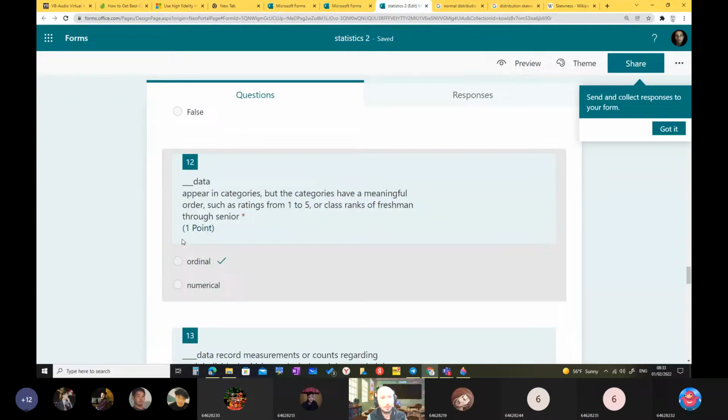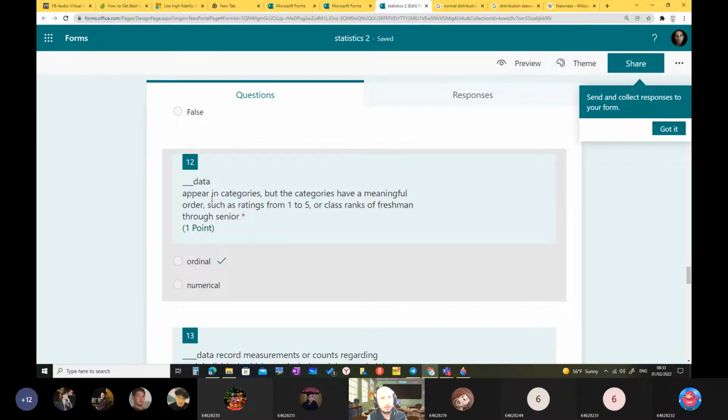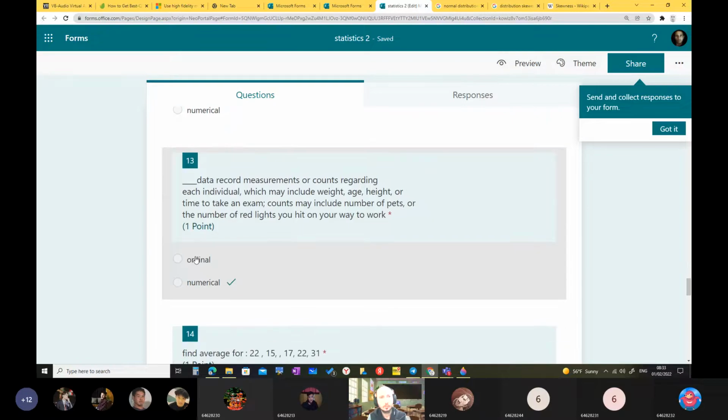Categories. Ordinal. Ordinal data appears in categories, but the categories have a meaningful order, right? So we'll put all the girls in the age groups order. Numerical data. Each student will write about their weight, their height, age.